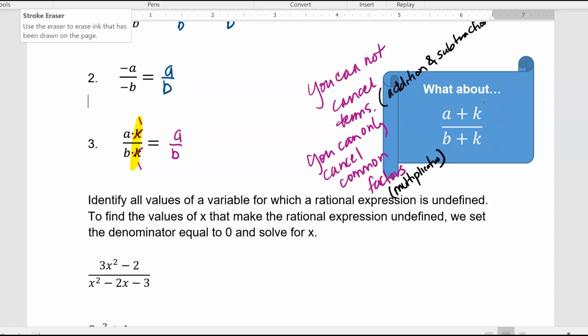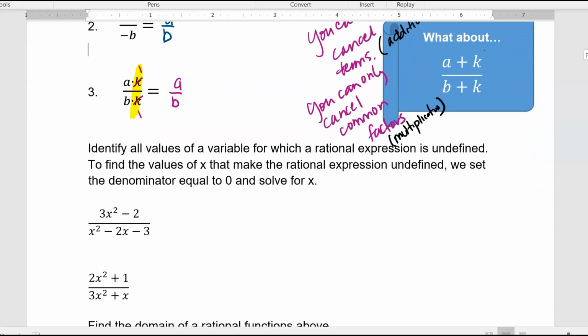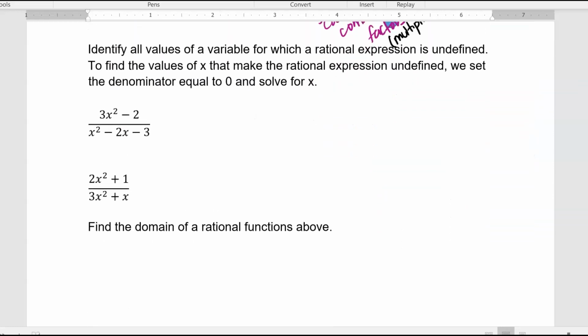Let's move on to a type of problem that says identify all values of a variable for which a rational expression is undefined. That seems like a very complicated statement, but what it really means is to find the values of x that make the rational expression undefined. All you have to do is set the denominator equal to 0 and solve for x.